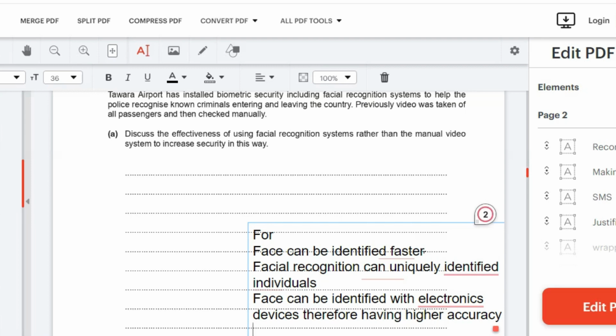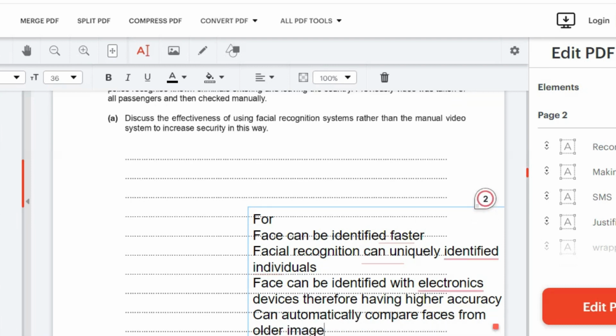Then the last one, can automatically compare faces from older images.